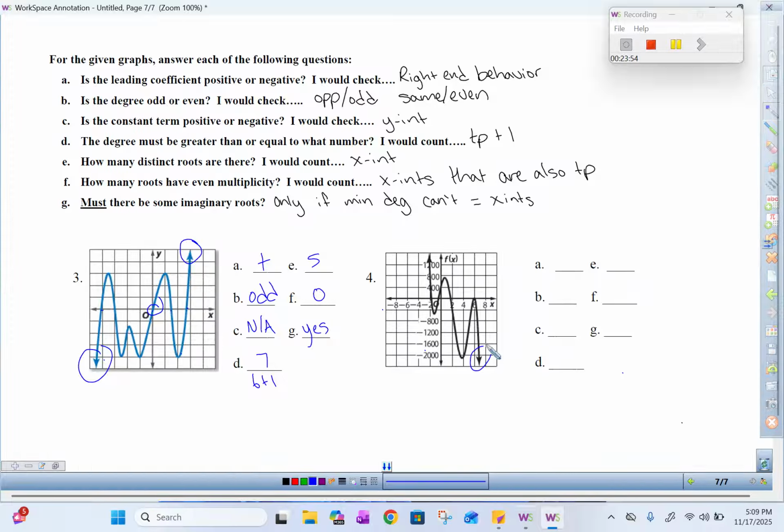We should have gotten negative, odd, because they're opposite, positive y-intercept, 1, 2, 3, 4, 5 for the degree, matches odd. We've got 1, 2, 3, 4 x-intercepts. One of those is a point of tangency, and so that is a no, because this is 1, 2, 3, 4, 5 to take care of that minimum degree.